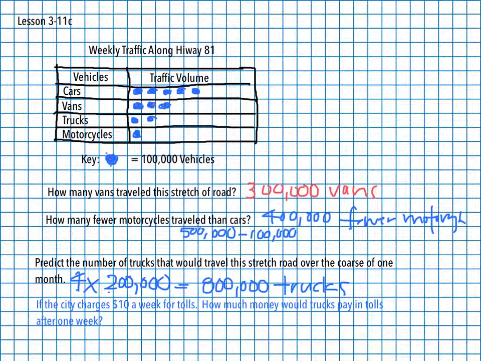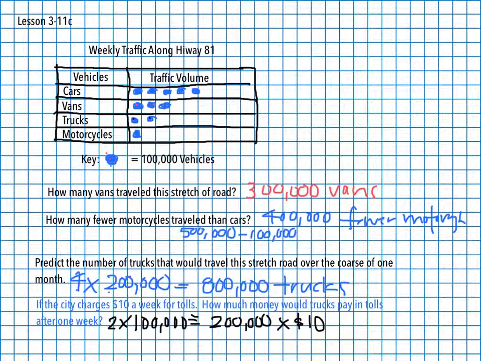Looking at the number of trucks, we have to start with the number of trucks. And there are 1, 2. So we have 2 times 100,000, which is going to give us 200,000. And we're going to take that 200,000, which is the number of trucks in 1 week, and multiply that by $10.